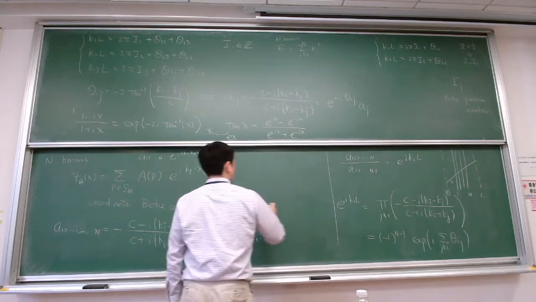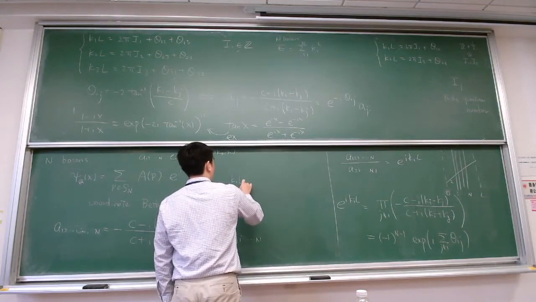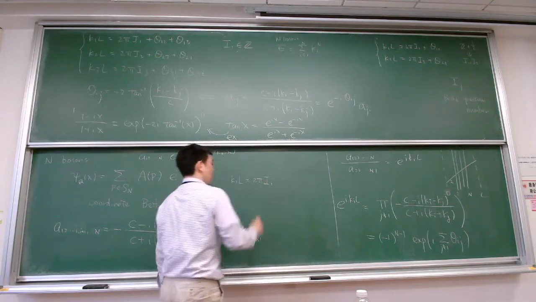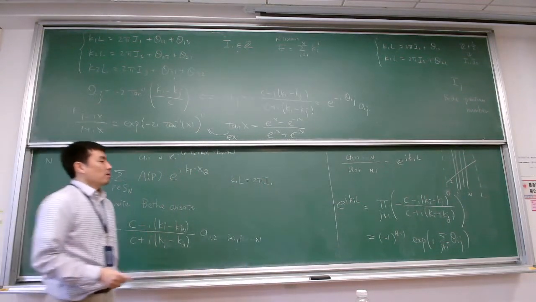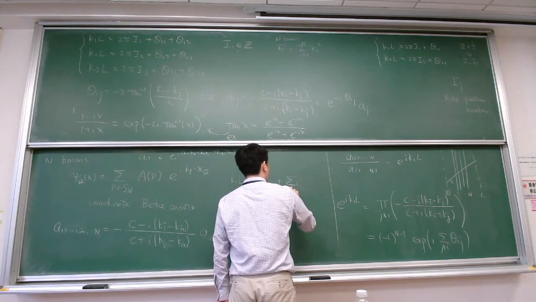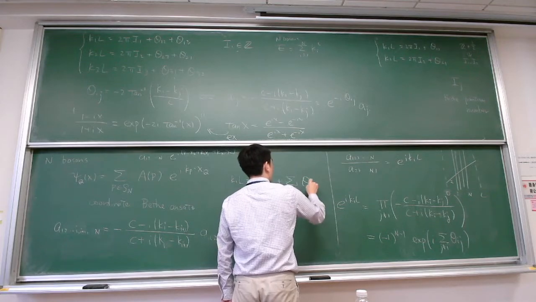So this equation will give you ki L is equal to 2 pi I, with small i, plus the sum over j not equal to i of theta ij.